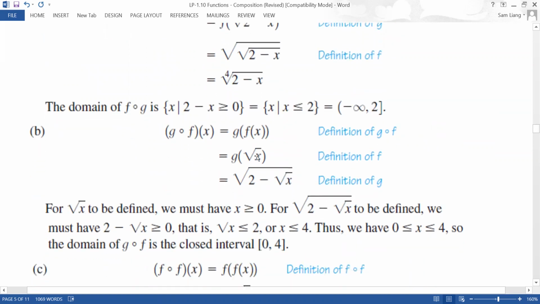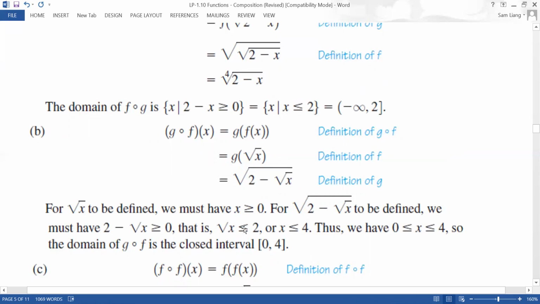For the inner function to be defined, square root of x, we must have x greater than or equal to 0. For the composed function to be defined, we must have 2 minus, sorry, this got cut off, 2 minus square root of x is greater than or equal to 0. If you add square root of x to both sides, you get square root of x is less than or equal to 2. Since both of these are positive, we can square them.